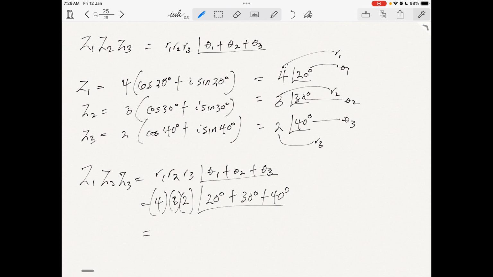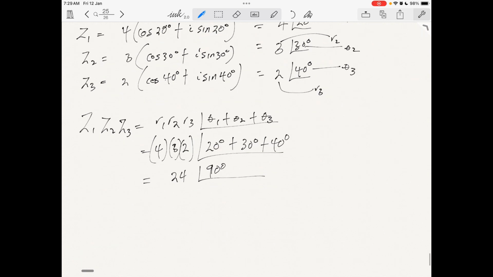And this will give us 24 argument 90 degrees. And we can also rewrite this as 24 cos 90 degrees plus I sine 90 degrees.